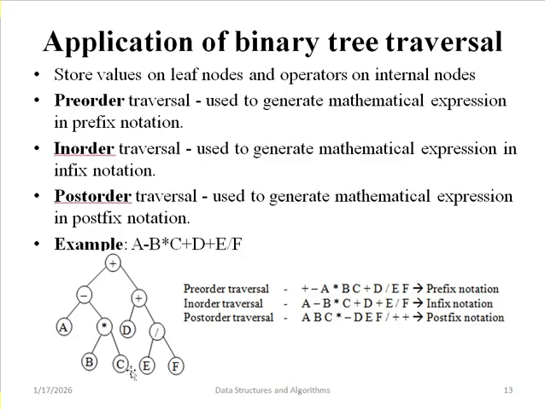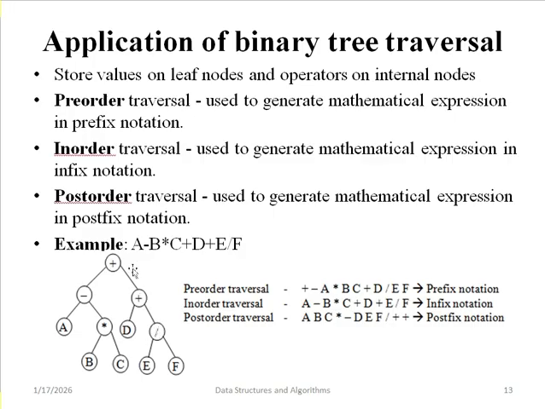A, B, C, D, E, F are terminal nodes, and are operands. And operators plus, minus, multiplication, addition, and division are the internal nodes of the tree.